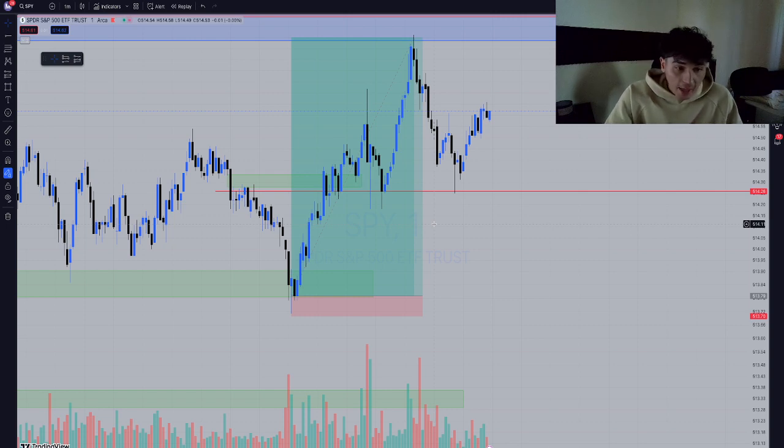Now, depending on how strong or how solid the setup is looking, price action will decide how heavy my trim actually is. So let's say that price action is continuing to move nicely in my direction, then I'll take a light trim just to lock in profits and be safe, right?